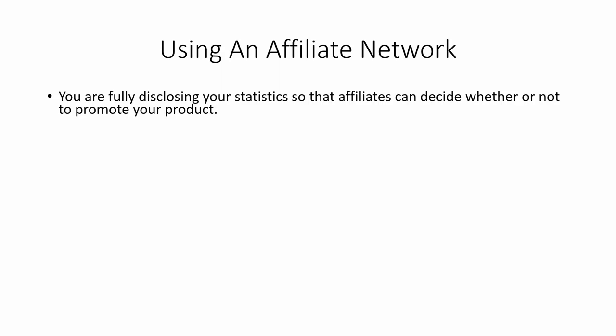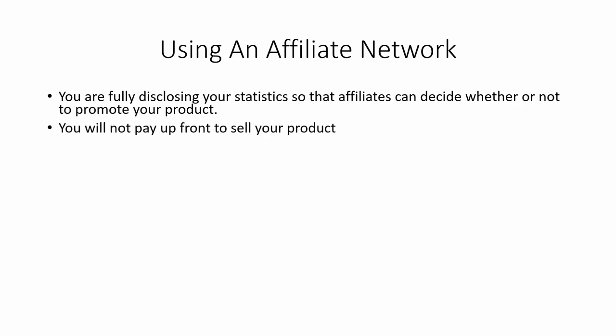So even if you decide you're only going to use the network to deliver your product, if you have all these settings turned on, you're going to be listing your statistics to the public.